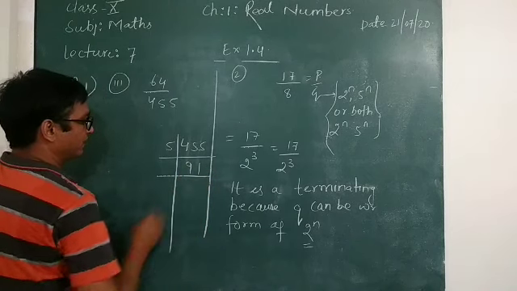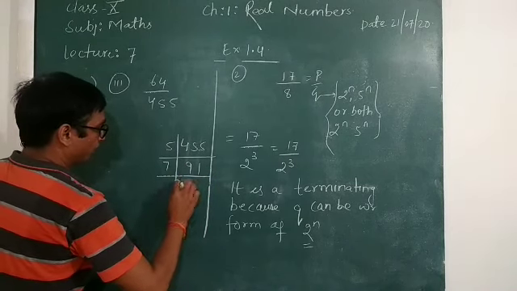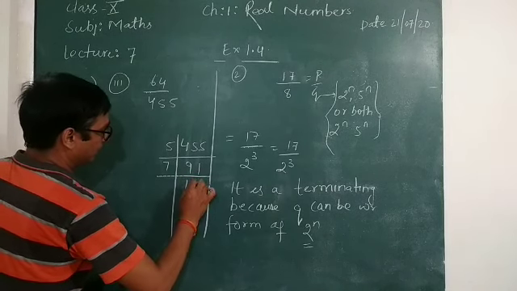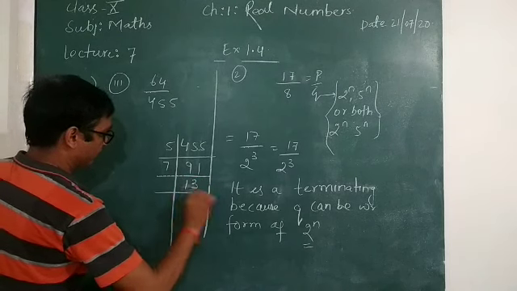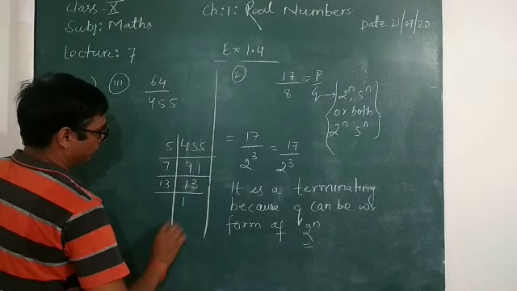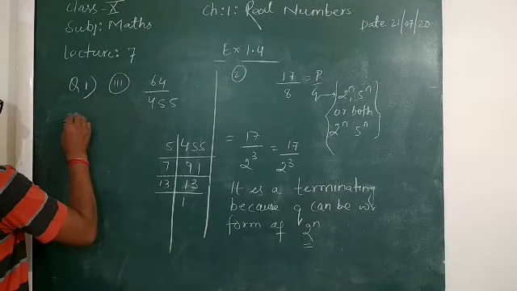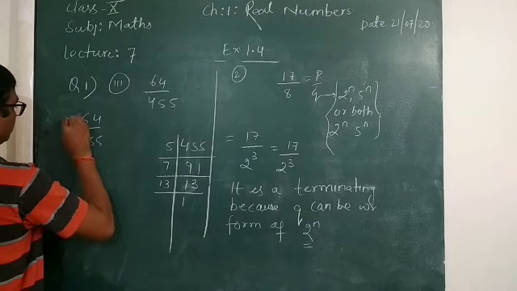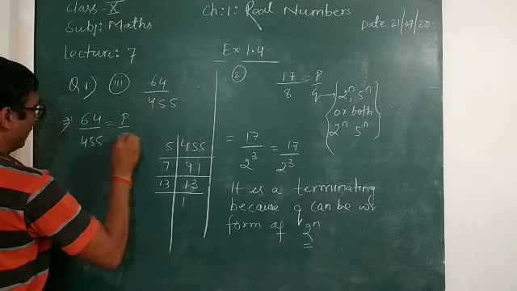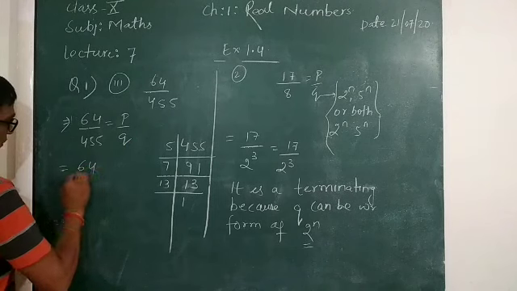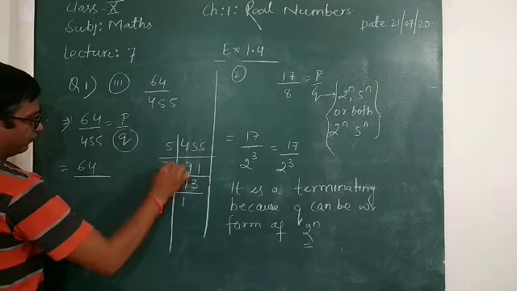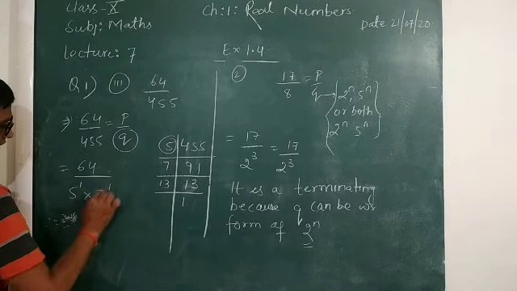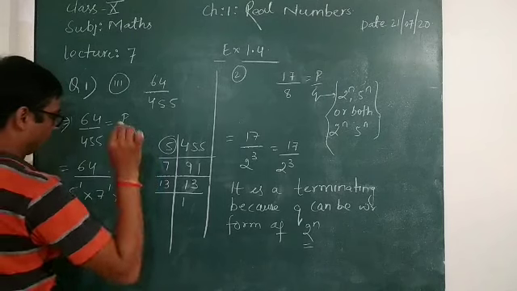Again it will be divisible by 7, giving 13. So 64 upon 455 is in the form of p by q, but here q is 5 raised to 1 into 7 raised to 1 into 13 raised to 1.